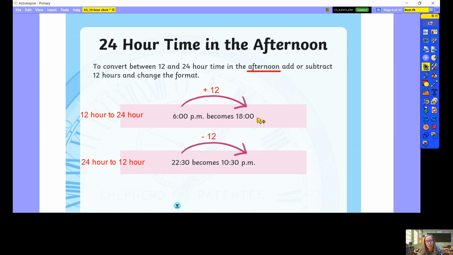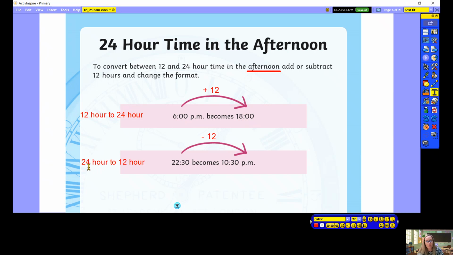So to convert from the 12-hour clock to the 24-hour clock, 6 p.m. becomes 1800 hours. So 6 add 12 equals 18. The hours are going to change from 6 to 18.